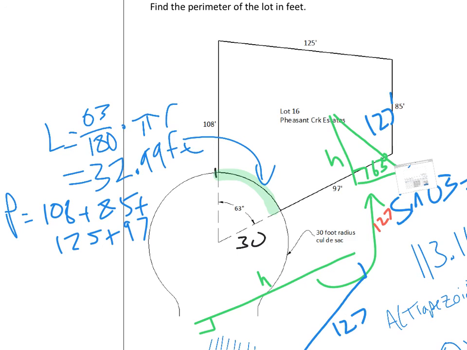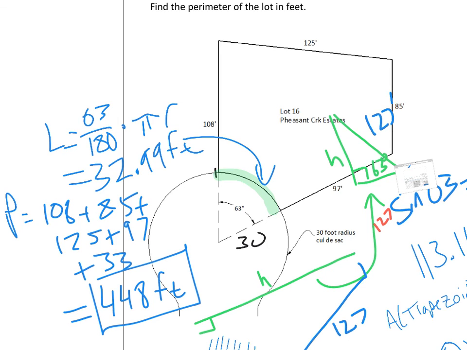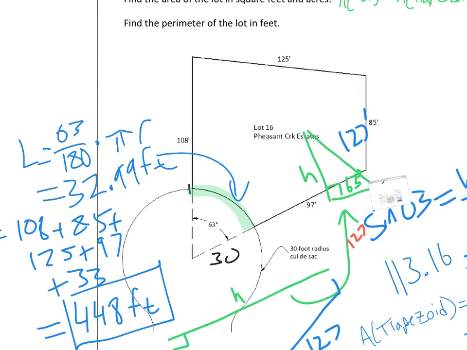Okay, so there's the 4 sides. And now we need that curve that we just found, which was 32.99. We can actually add it to 33, it would be fine. We'll round it up. So if we wanted a fence around this whole thing, we need 448 feet of it. Good to know if you're going to buy fence material.